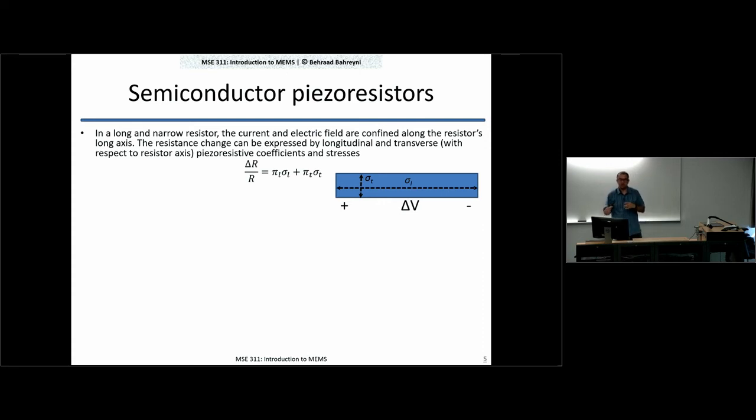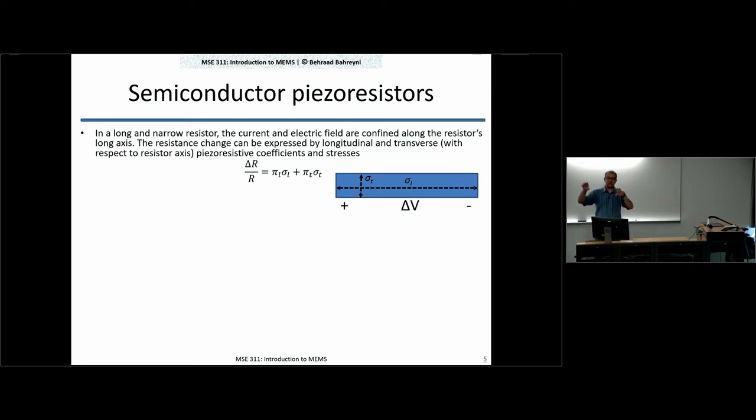And I calculate two equivalent coefficients for the change in resistance because of the stress applied parallel to the length of this resistor. And so that's pi L, the longitudinal piezoresistive coefficient in the equation you see over there, times sigma L, the stress applied in parallel with the length of the material.